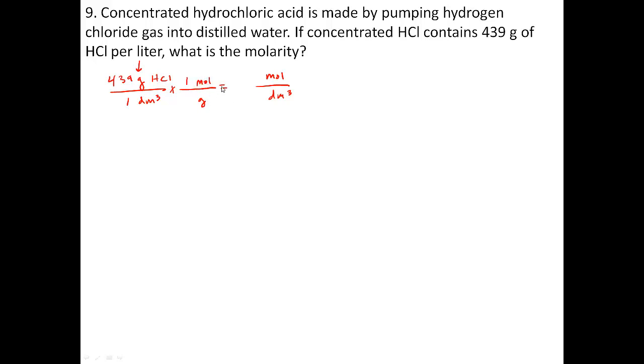And the question is, in 1 mole of HCl, how many grams of HCl there is? Well, if you add it up, it's 36.5 grams per mole. Grams cancels. In the end, I'm left with moles per decimeter cubed. That's what I want. And I've got 12.0 molar HCl.